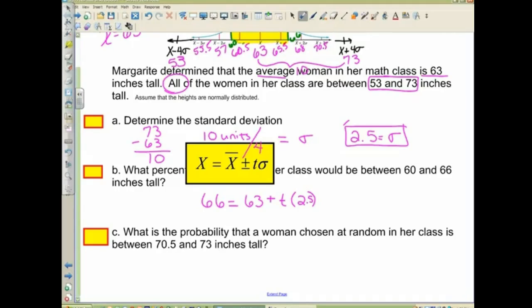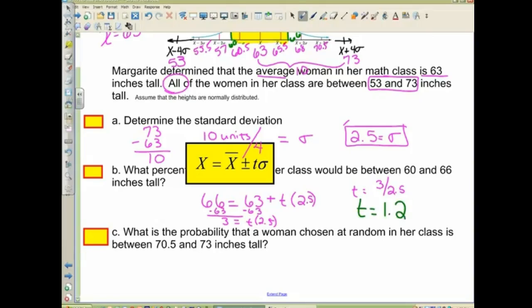So if I subtract 63, just solving, I'm going to pick up 3 equals t times 2.5. Divide by 2.5, and t will be equal to 3 divided by 2.5. So grab your calculator and quickly calculate that out. Sorry, I didn't have it done. 3 divided by 2.5 is 1.2.